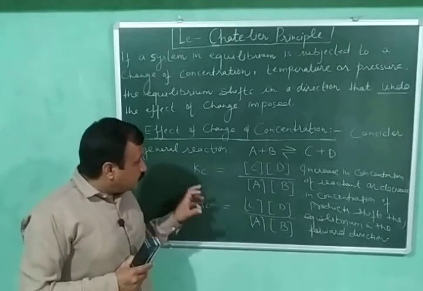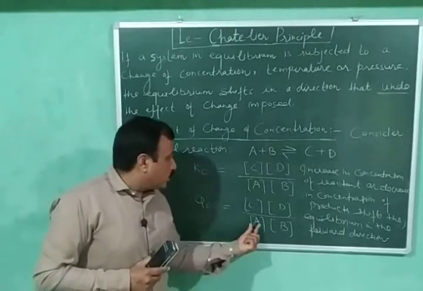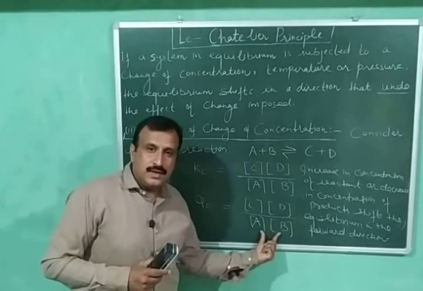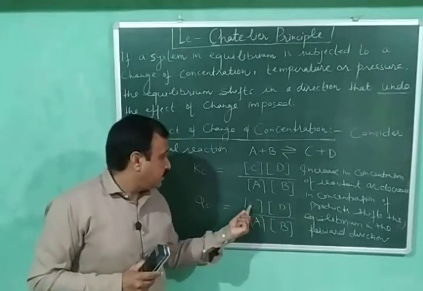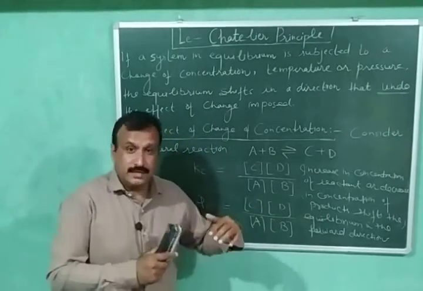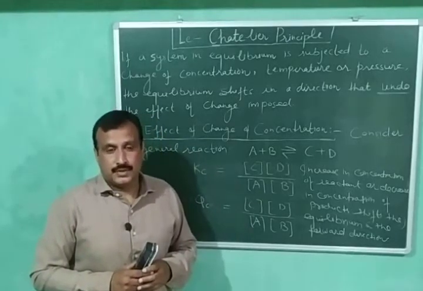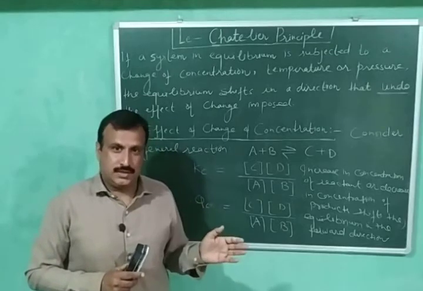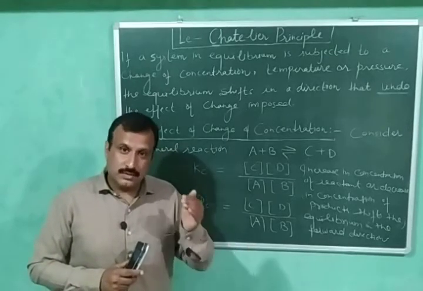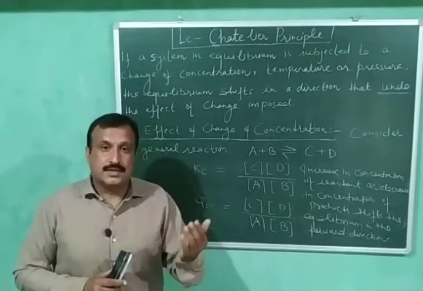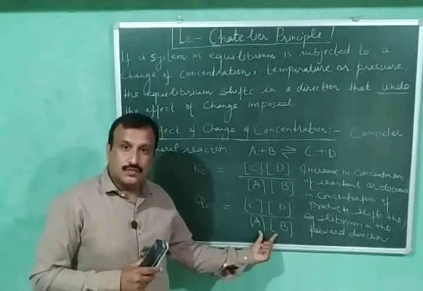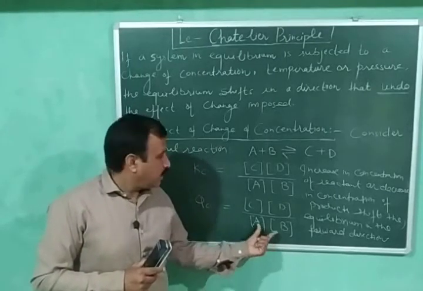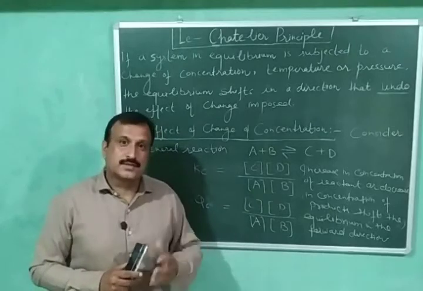This will happen when the concentration of A and B increase and C and D decrease again. This means that the equilibrium will be shifted in the backward direction, because the backward reaction results in the increase of the concentration of reactants and decrease in the concentration of products.